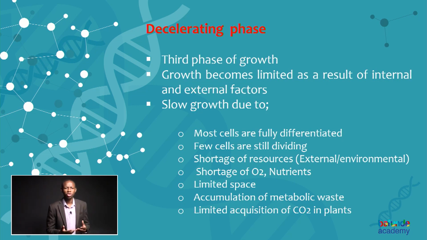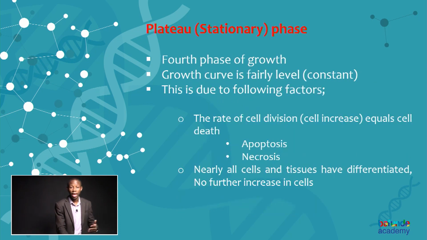Then limited acquisition of CO2 or carbon dioxide in case of plants. When plants cannot get enough CO2, they will not be able to make simple sugars like glucose. That means they will not be able to grow. So those are some of the reasons why we have a decelerating phase. The rate of growth is low in that particular stage.